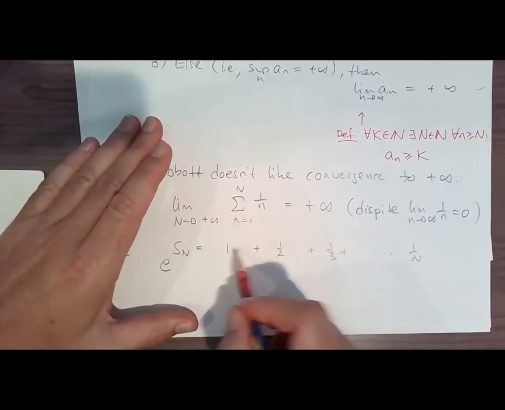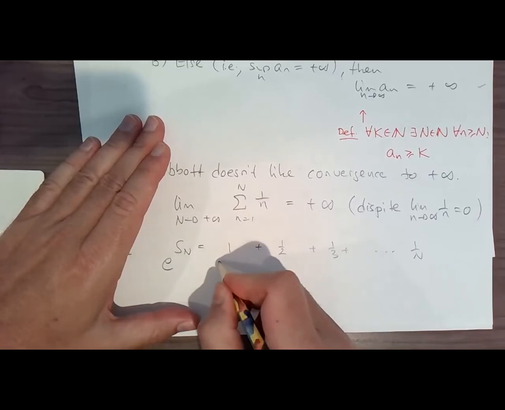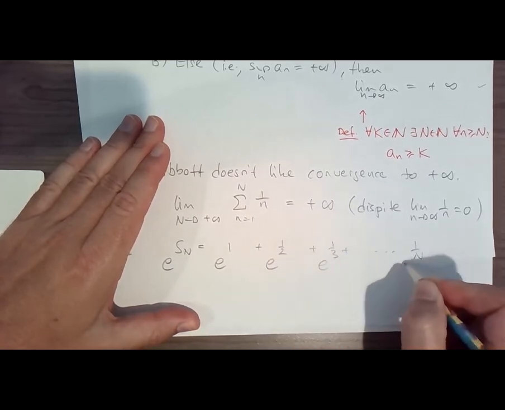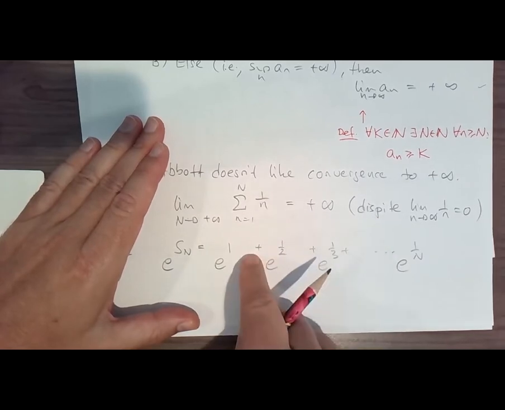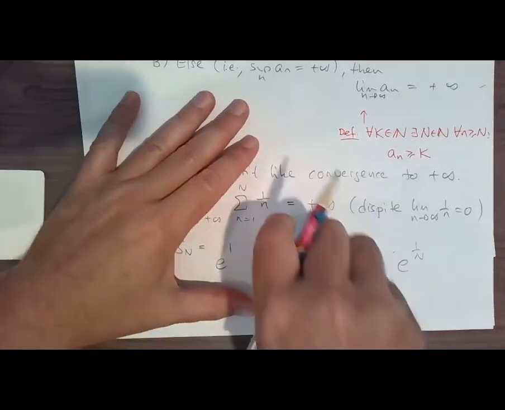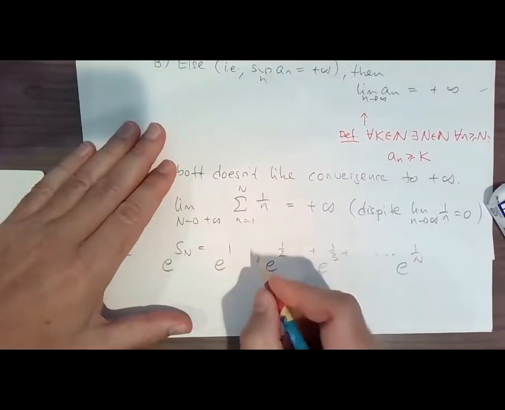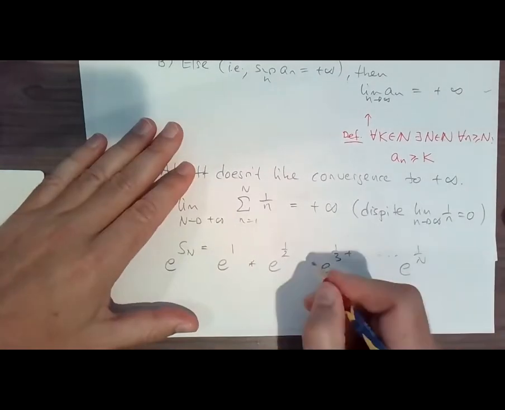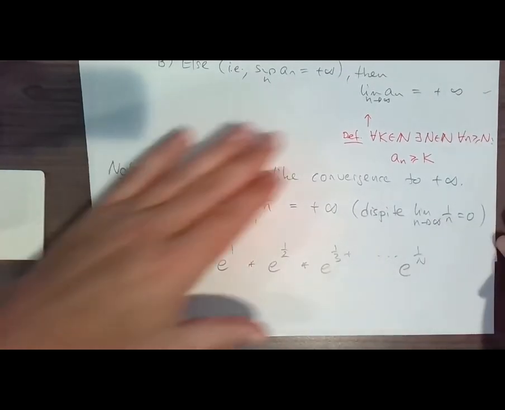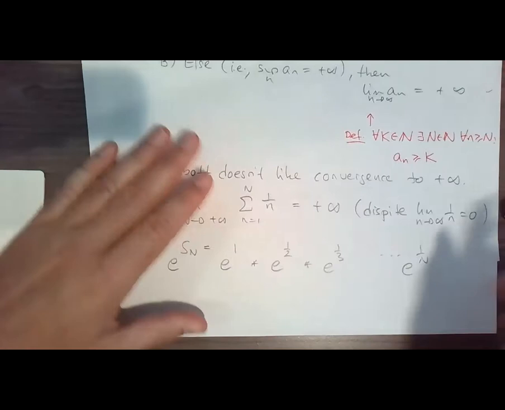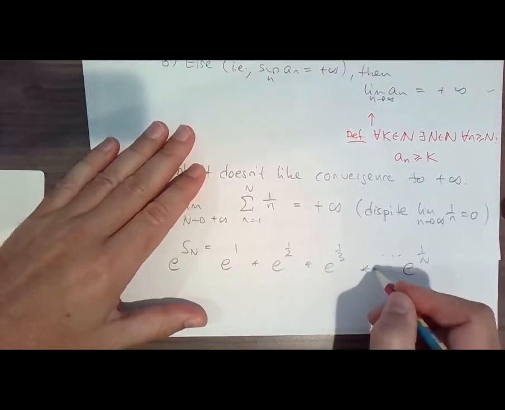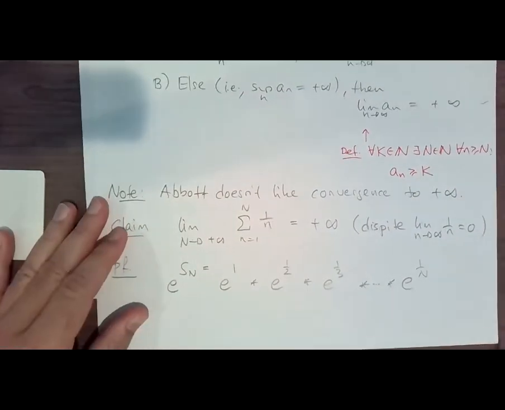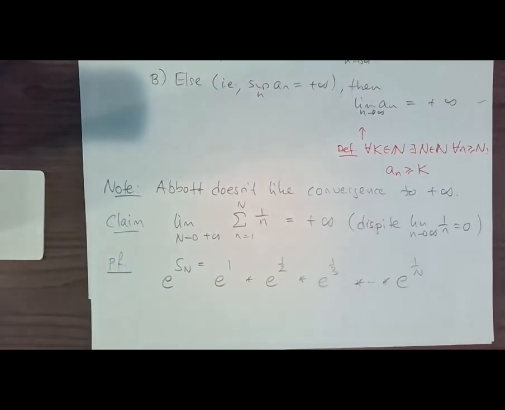The exponential of a sum is just a product, so I'll put exponentials everywhere here. The pluses become multiplications, so this is multiplicative. I did nothing else and just applied the exponential function.